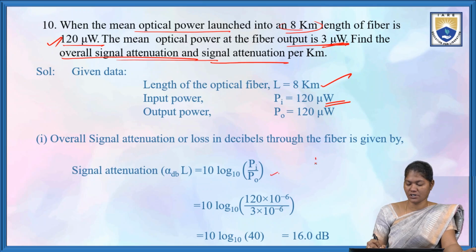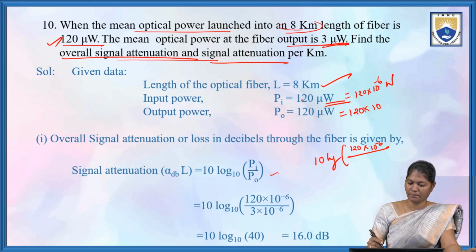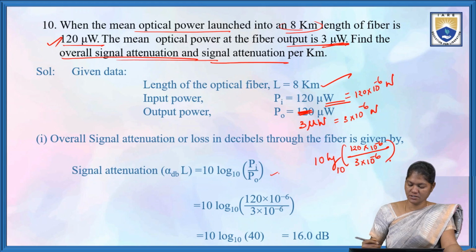Let's substitute: 10 log of power input, 120 into 10 power minus 6 watts, divided by power output, 3 into 10 power minus 6 watts, base 10.